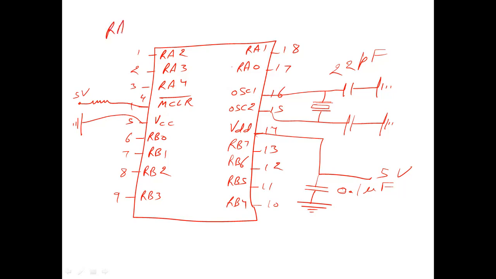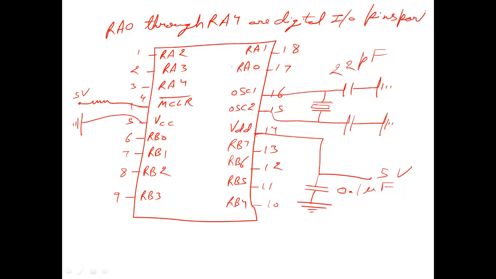So RA0 through RA4 are digital input output pins, and we call them port A. It's also called port A.